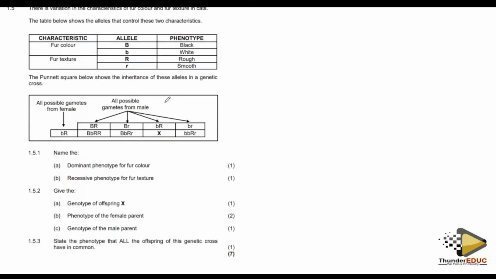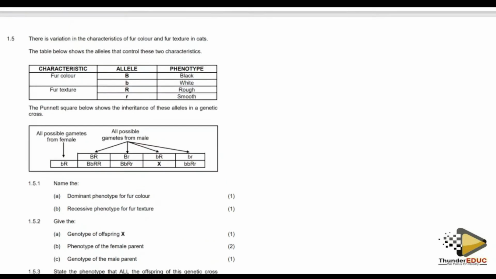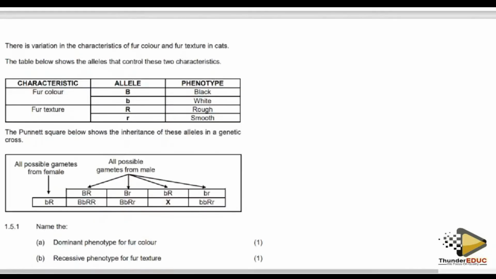Next question. The next question is also about a dihybrid cross. What does it mean? Dihybrid cross. I hope you are seeing clearly.